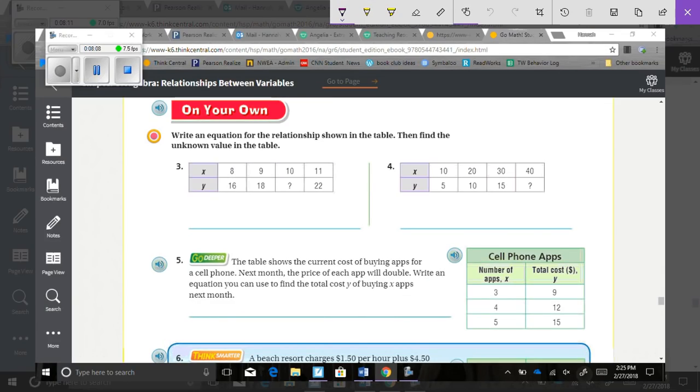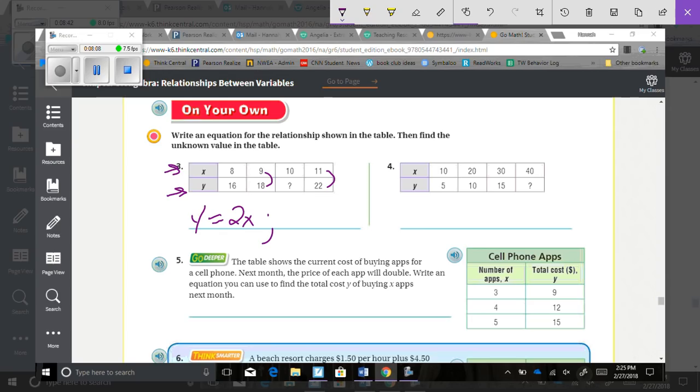Write an equation for the relationship shown in the table, then find the unknown value in the table. So if we're looking at that, 8 times what gives me 16? Well, that would be 2. Let's see if that works throughout the rest of the pattern. 9 times 2 is 18, so that works. 11 times 2 is 22. So I know that y equals 2 times x, because we're taking these x values, multiplying by 2, and that gave me y.